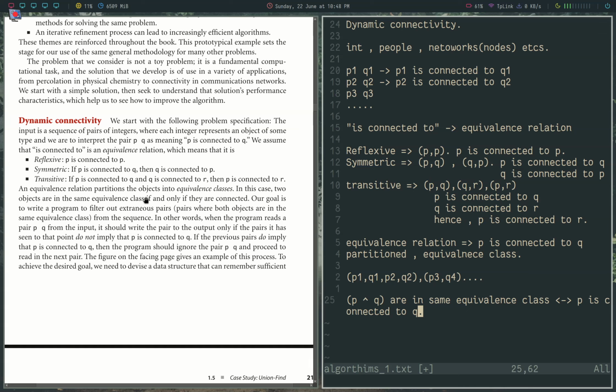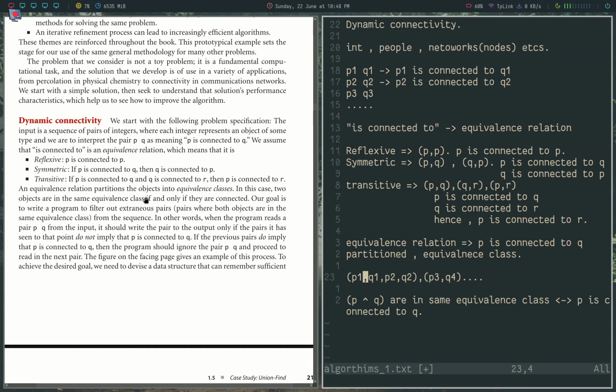If P is connected to Q, then they will be in the same equivalence class, and if we are given that P and Q are in the same equivalence class, we can say that P is connected to Q. So in this case, P1 is connected to Q1, and P1 is also connected to P2, and P1 is also connected to Q2.